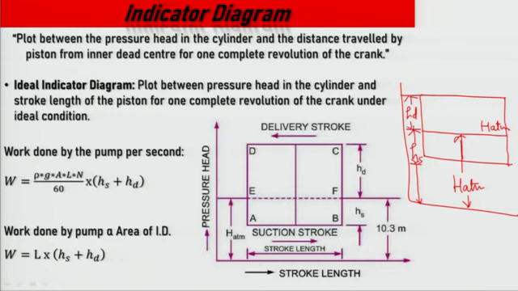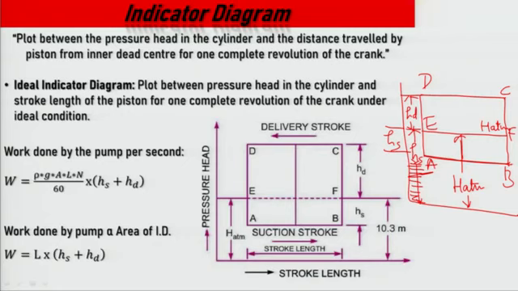Only up to this one is the Hs, because this pressure is lower and this pressure is above the atmospheric. We can say A, B, C, D, E and F.